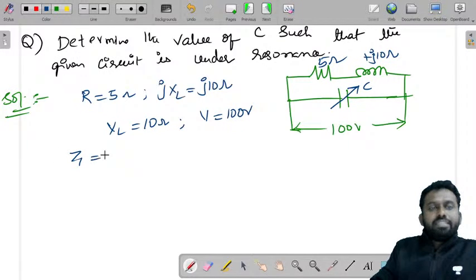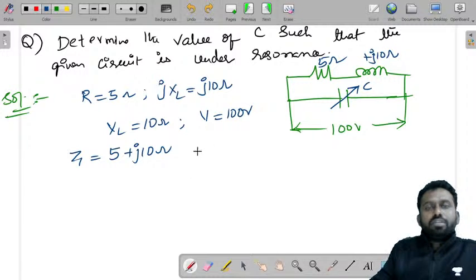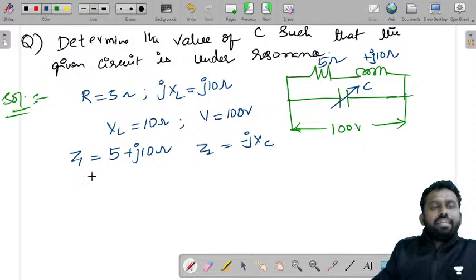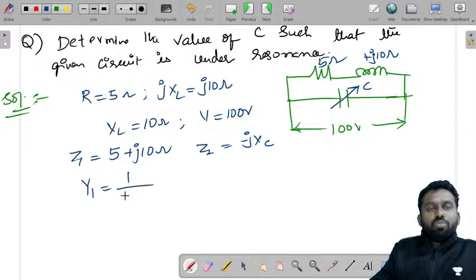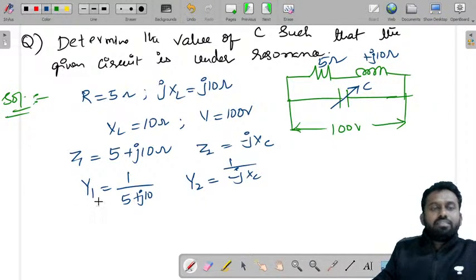So what is Z1? You can write 5 plus J 10 ohms, and what is Z2? Z2 is minus JXC. So we can write Y1 is equal to 1 by 5 plus J10, and Y2 is equal to minus 1 by JXC.